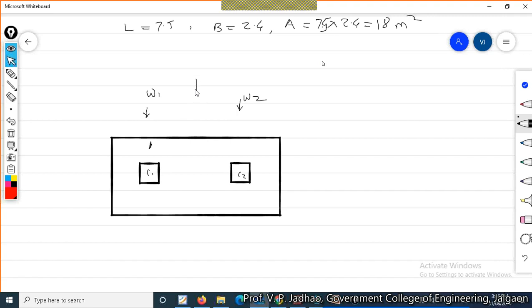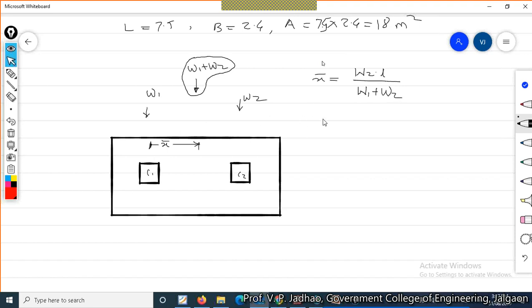The CG of these two loads will be acting somewhere here, that is W1 plus W2, the combined effect. Let us consider this is acting at a distance x bar from the center of column C1. So we have the equation x bar equals W2 into small l divided by W1 plus W2. Draw this figure.